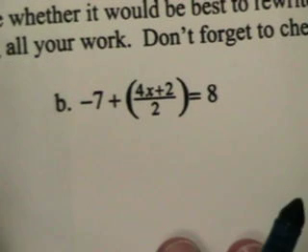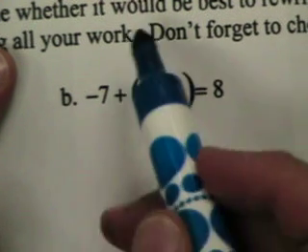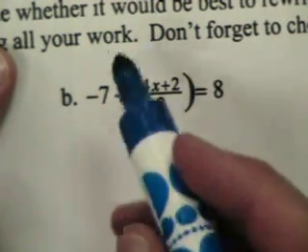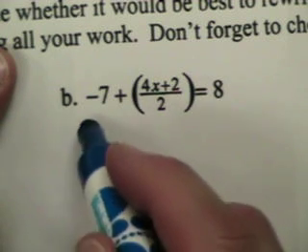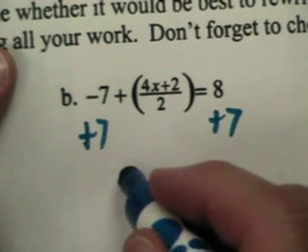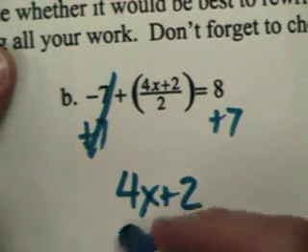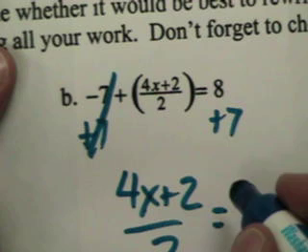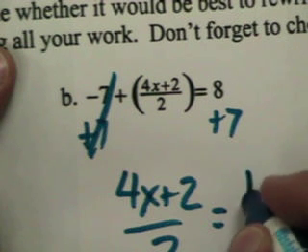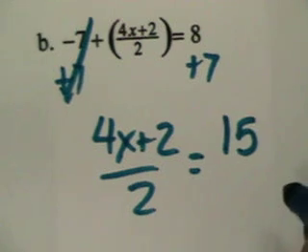This one, I'm going to do what I can before I have to deal with that fraction right there. But I'm going to use a fraction busting technique in a moment. So I'm going to add 7 to both sides. That's going to give me, cancel that out, (4x plus 2) over 2 equals 7 and 8 is 15. Now, lots of different ways I could do this.